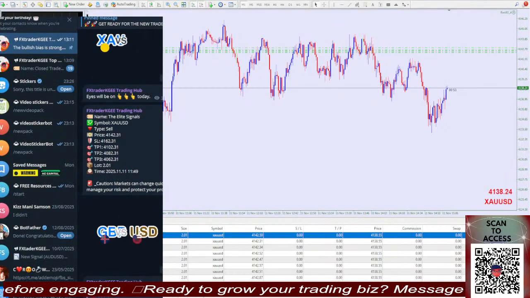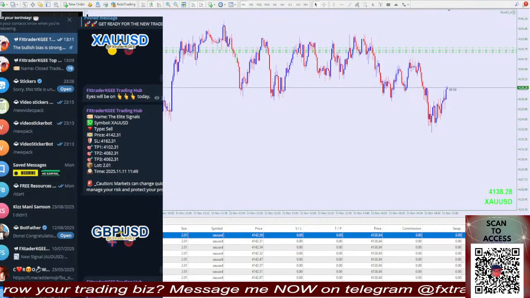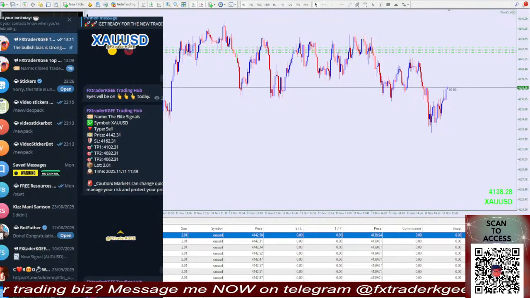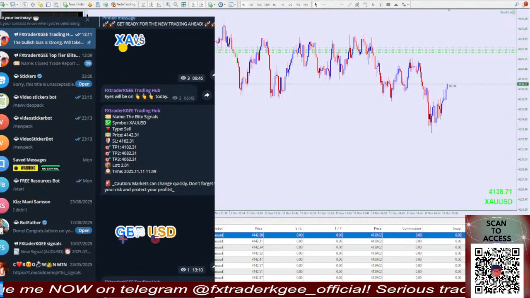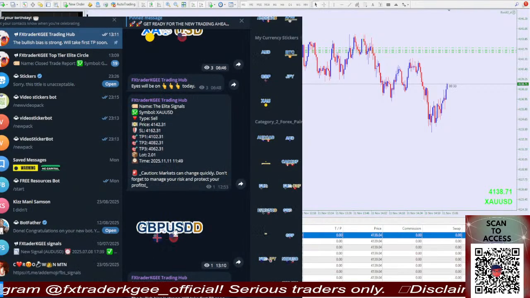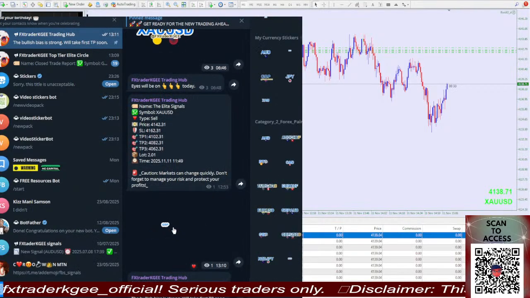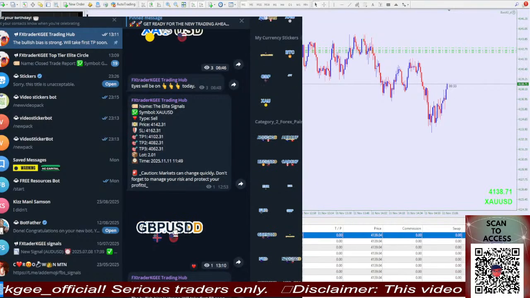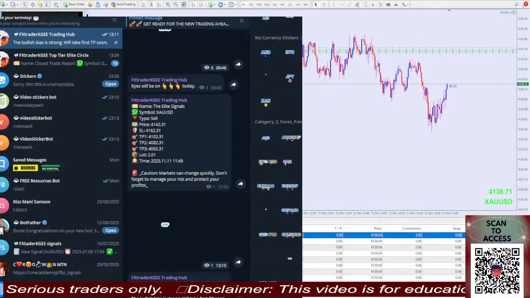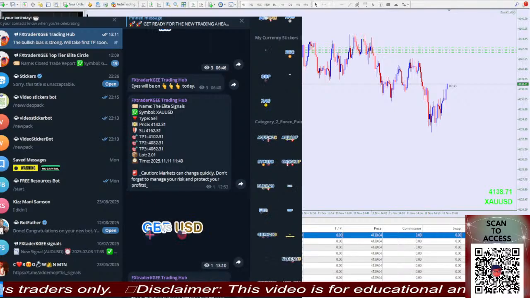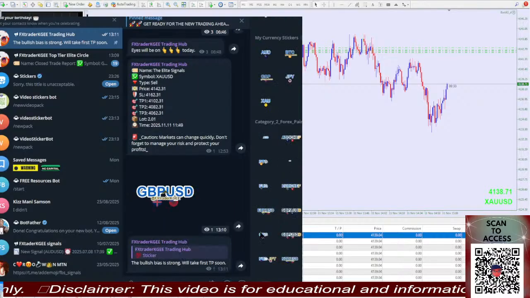I was actually unable to take some trade, make some stickers for the Telegram channel. I just wanted to make these stickers yesterday for the Telegram channel. I think I was able to arrive at something meaningful. It could have been an emoji, but Telegram was asking me to pay some amount of money before I can use my custom emojis.